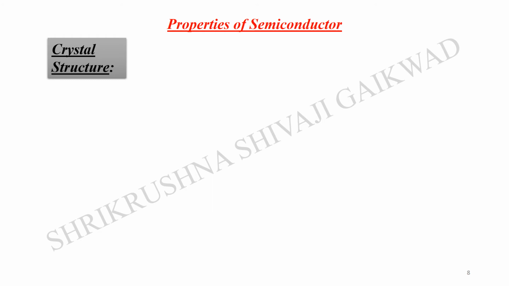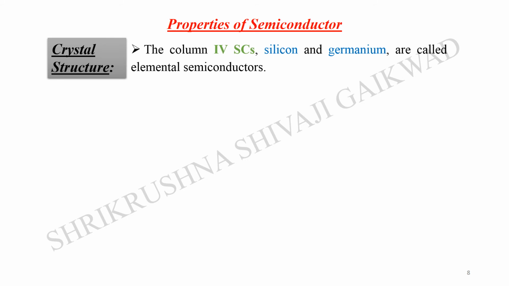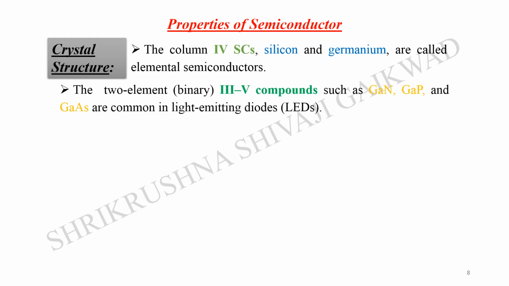Now, if you look at this, the column 4 semiconductors, that is silicon and germanium, are called elemental semiconductors, as we have already seen on the previous slides. Next is two elements: if we combine them together, then we call it a binary semiconductor.